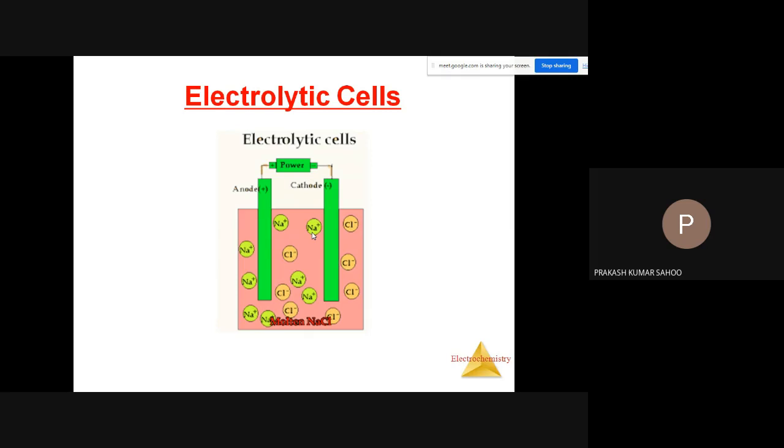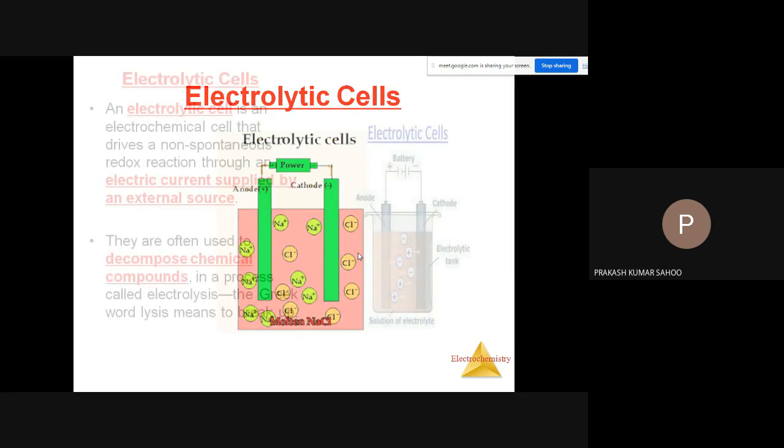At that time the external supply of electricity is needed, and the external electricity is supplied in the opposite direction. That means the anode becomes positive and the cathode becomes negative. That means the electrons are generated from the copper end and will be gained at the zinc end. That is the electrolytic cell.